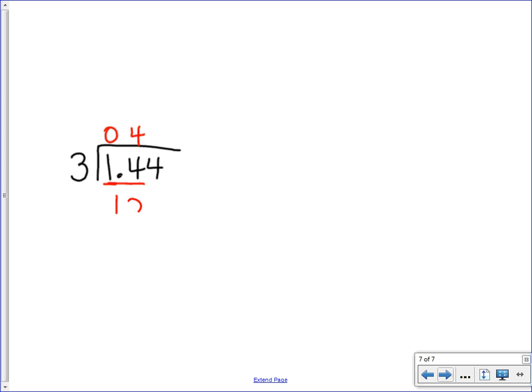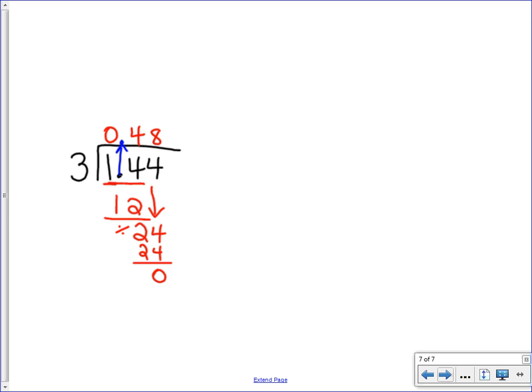I multiply, subtract, bring down, and here's my new division. 24, 3 goes in 8 times, multiply, subtract. I don't have any to bring down, so I'm done. My answer is 48. However, go back and look, I have a decimal. So my decimal just goes straight up and becomes 48 hundredths.